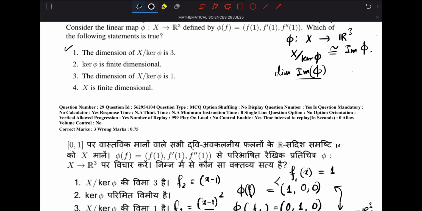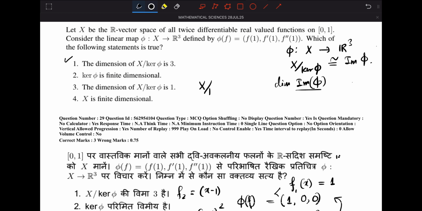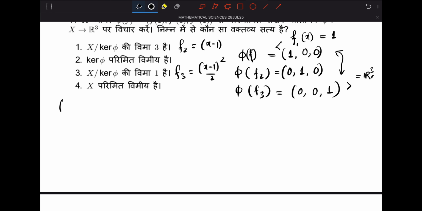So X mod kernel phi is isomorphic to R3. So the first option is correct, kernel phi is finite dimensional. Now, if you look at all the polynomials (x minus 1) to the power k, where k is greater than or equal to 3, let us define fk, then phi of fk is 0.